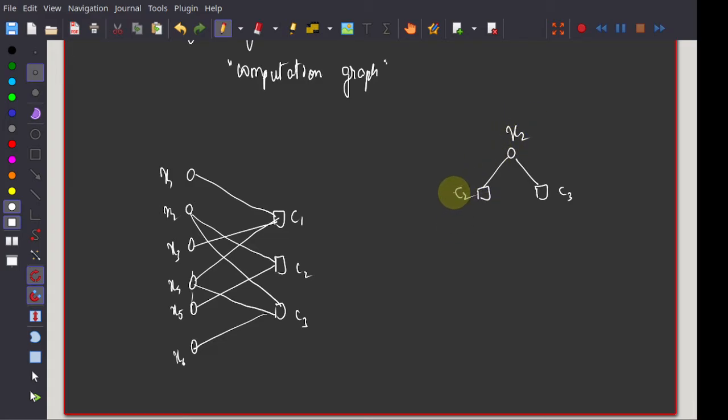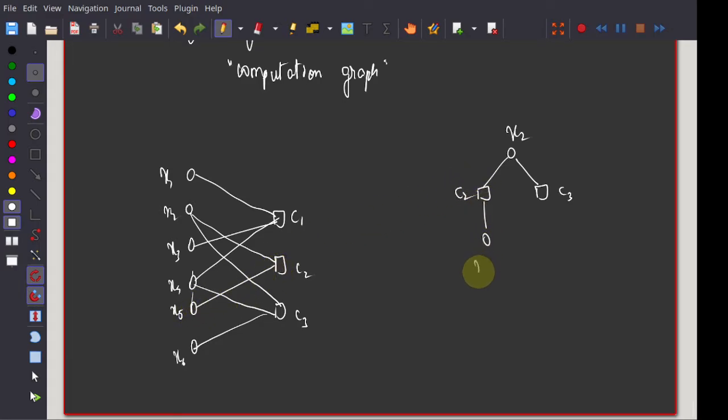But what do the messages of C2 and C3 actually depend on? C2 depends on just x2 and x5, but the message from C2 to x2 depends on the other neighbors, right? So it depends only on x5.